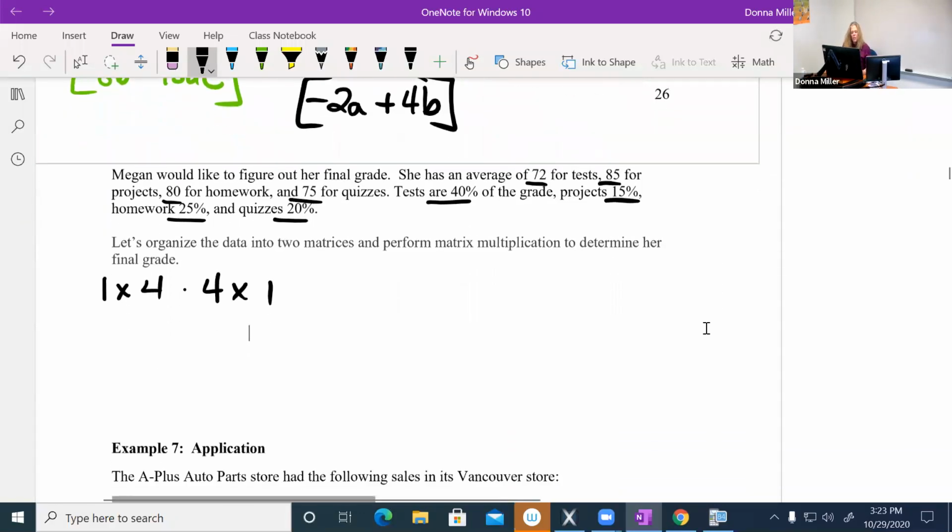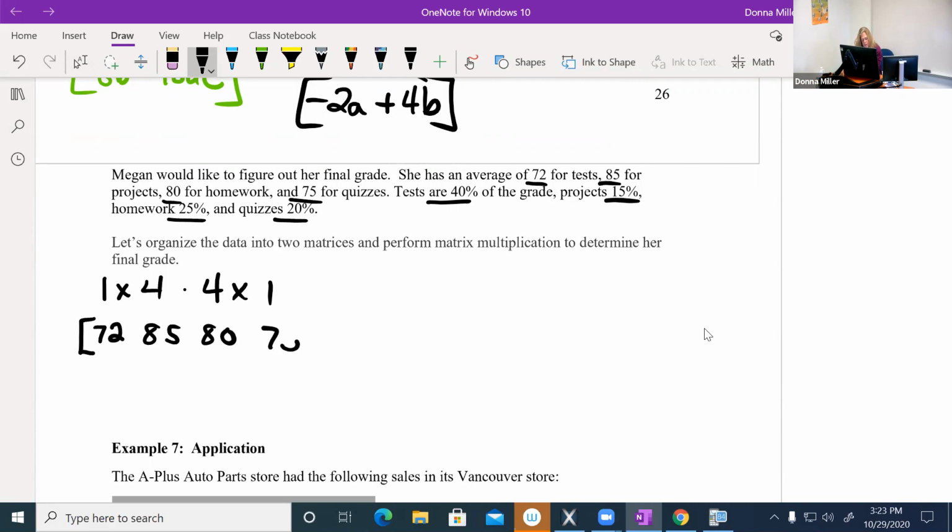Now, what goes where in this case doesn't really matter, okay? So we'll put her grades first. So I want one row and 4 columns. So I'm going to set up a matrix that's 1-by-4 with her test grades and her other grades, 72, 85, 80, 75, right? That's a 1-by-4.